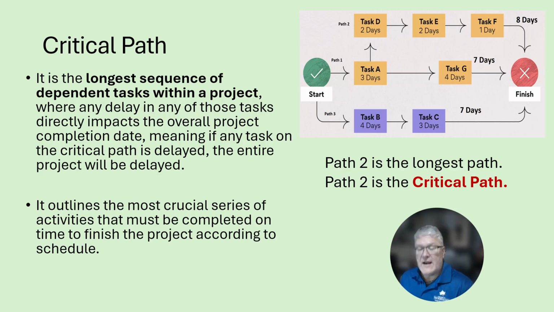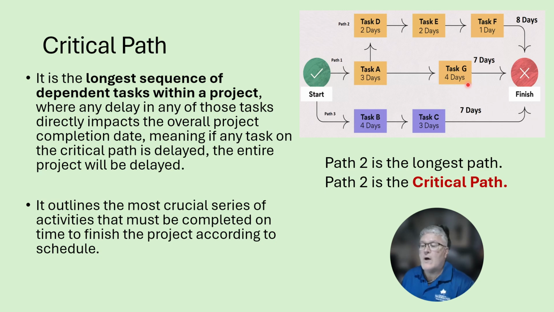This is a crucial definition to understand and actualize, and you'll definitely be tested on this. Most likely you'll see a question related to this on your exam. It outlines the most crucial series of activities that must be completed on time to finish the project according to schedule.